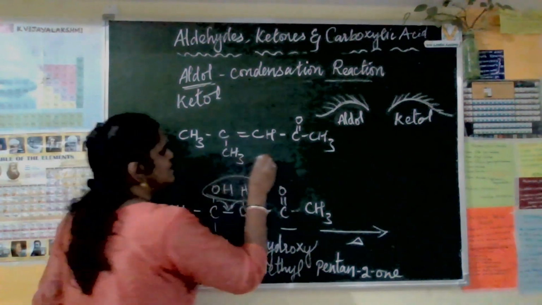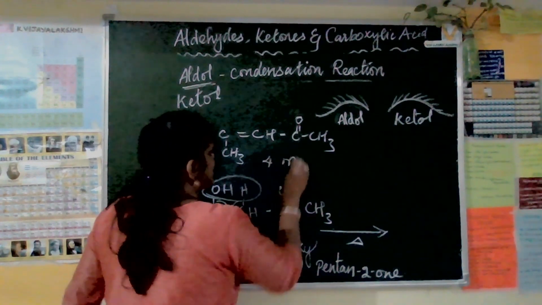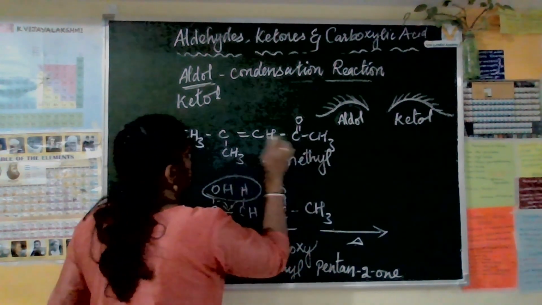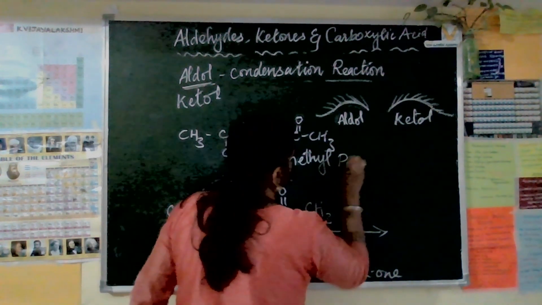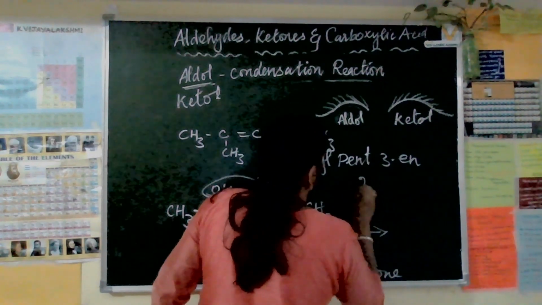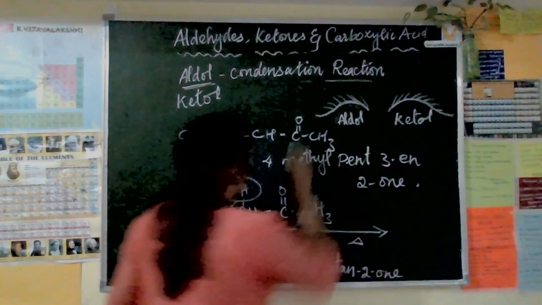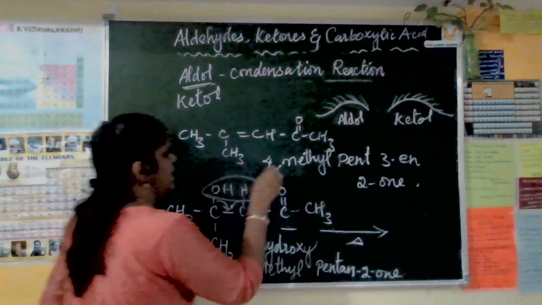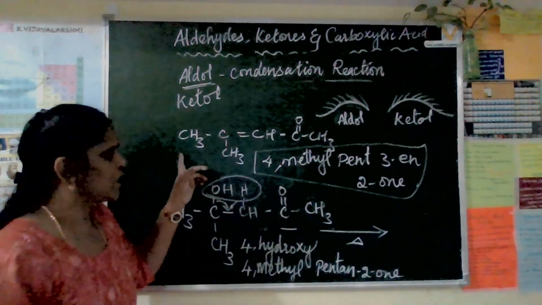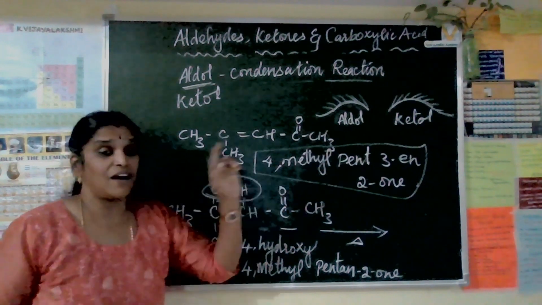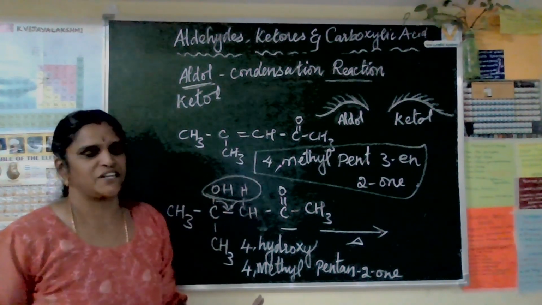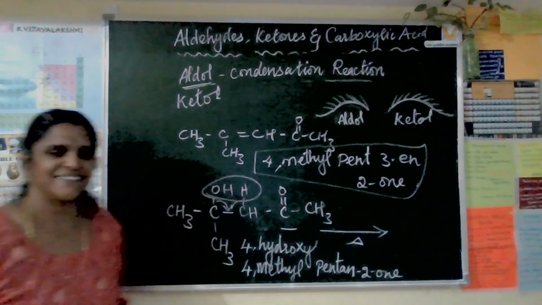Am I correct? 4 methyl pent, 1, 2, 3, 4, 5, pent 3 en 2 one, double bond O, isn't it? So this is the name for this compound. Hope you're clear with this. Aldol and ketal both are very, very important, the most expected question.